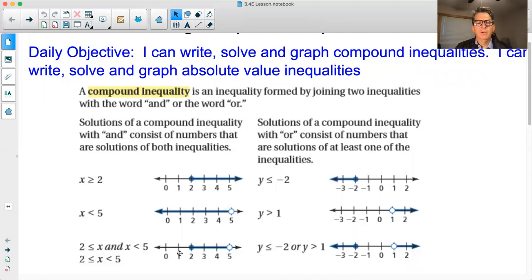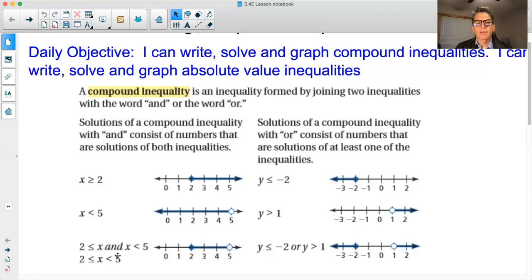Okay, so when you have and, the solutions consist of numbers that are solutions of both inequalities. So they're part of both inequalities. If I had a whiteboard here, I could show you this, but we would kind of overlap wherever it overlaps.